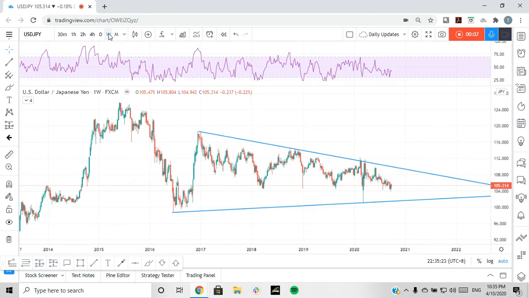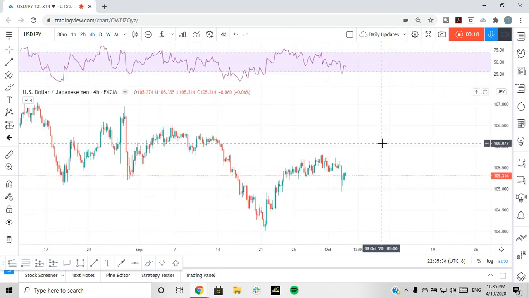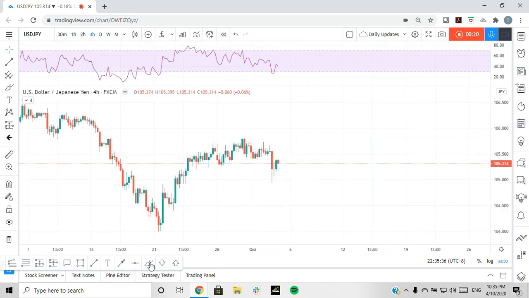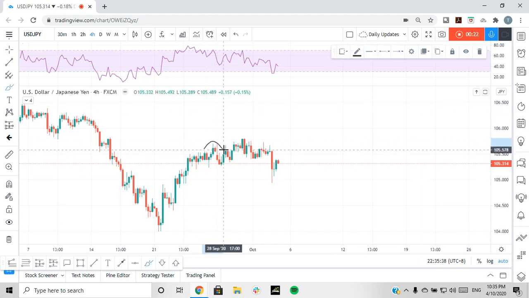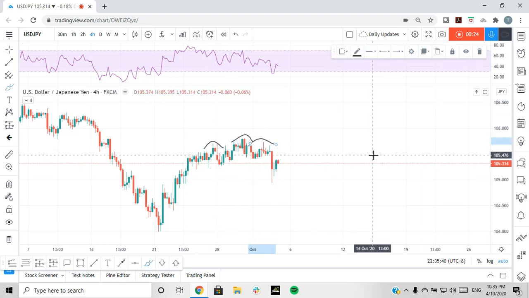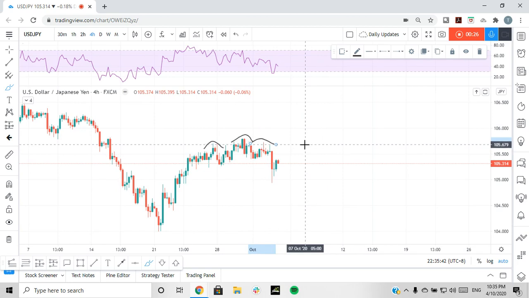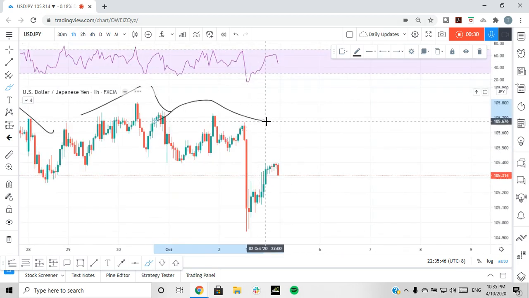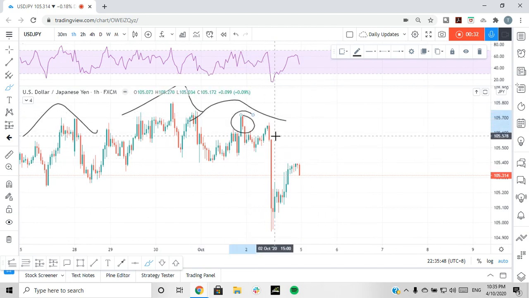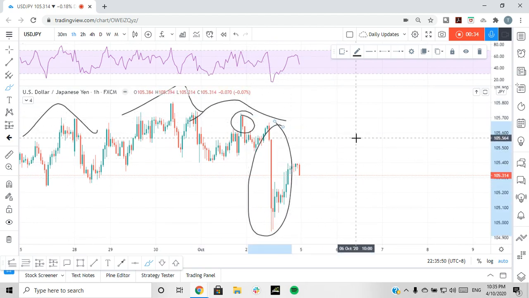Let's start off from the weekly, and I would like to congratulate those who had followed me previously on the USD/JPY. In my previous video analysis on USD/JPY, I told the followers that there was already a potential head and shoulders around this area, and if you had taken a risk around here, you would have caught this wave to the downside and taken some pips out of it.